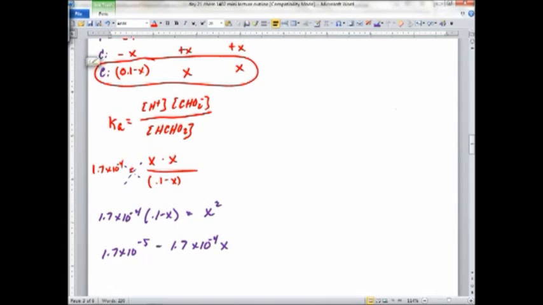That'd be a negative 1.7 times 10 to the negative 4 x. That whole thing equals x squared. So let's ask Genevieve. Genevieve, do you like positive x squared or negative x squared? She likes positive. She's with me. So I want to write 0 on this side, right, and bring everything over.